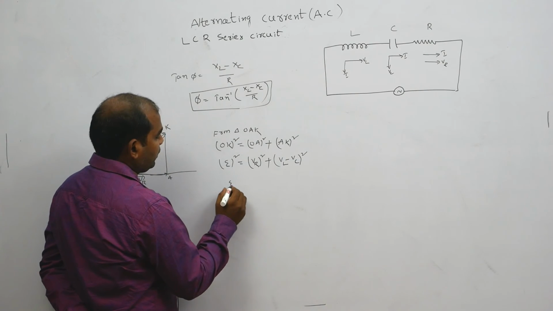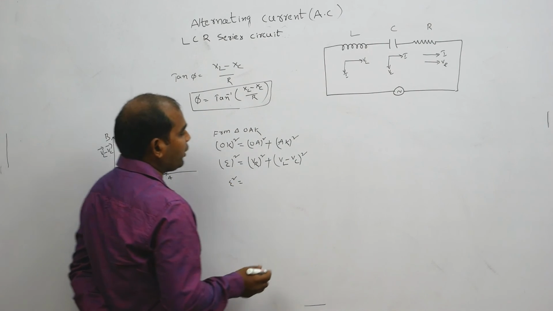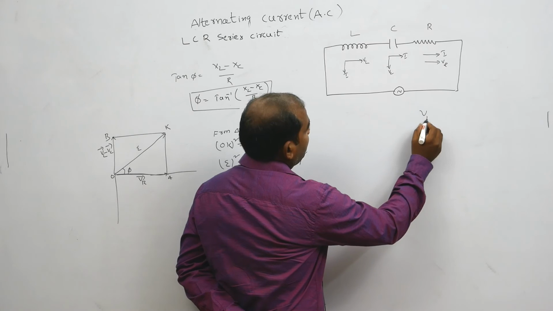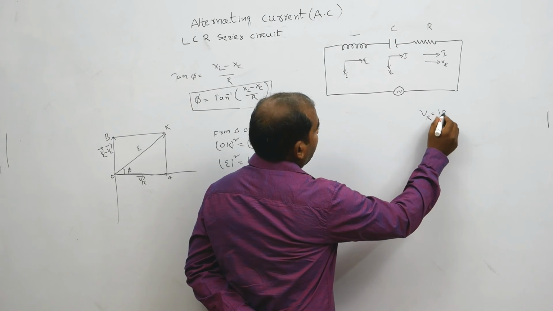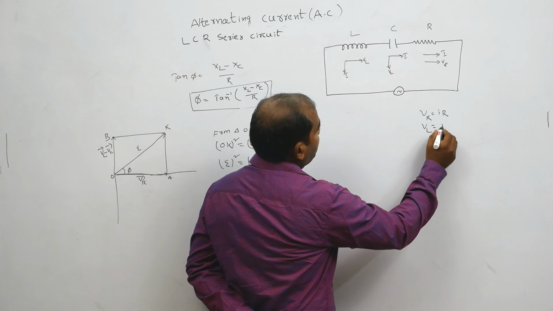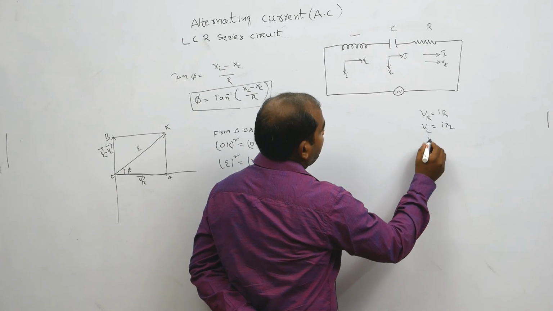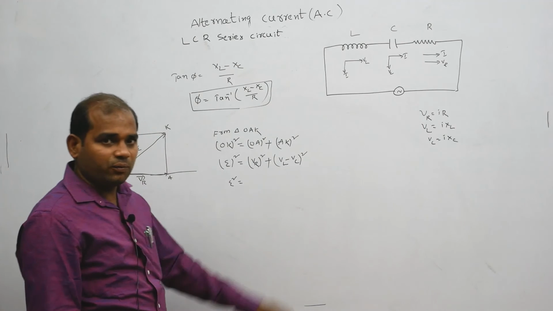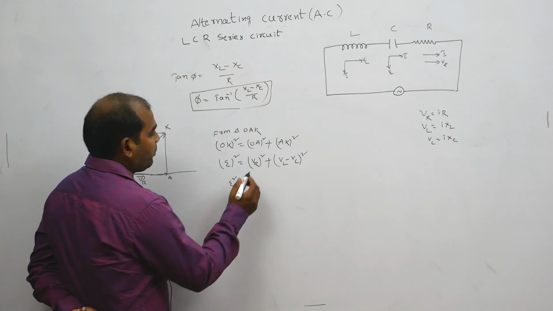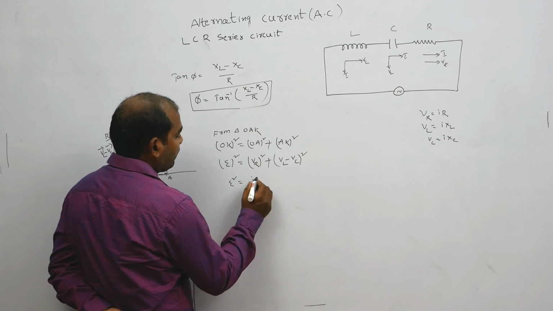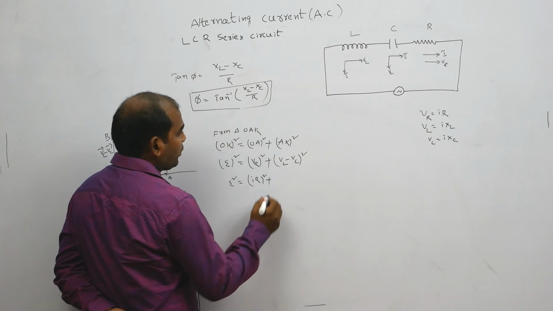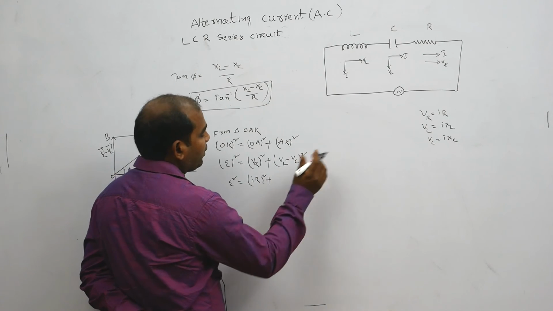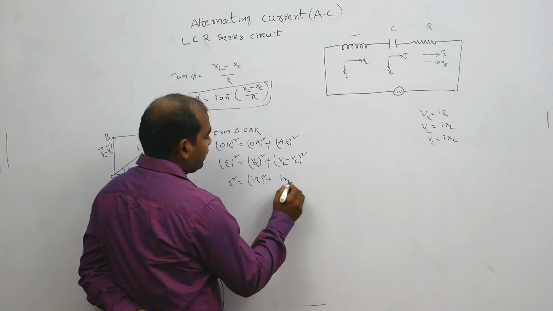So, then E square is equal to, we already know VR is equal to IR, VL is equal to I XL and VC is equal to I XC. In the place of VR, I am substituting IR square. In place of VL, I XL.